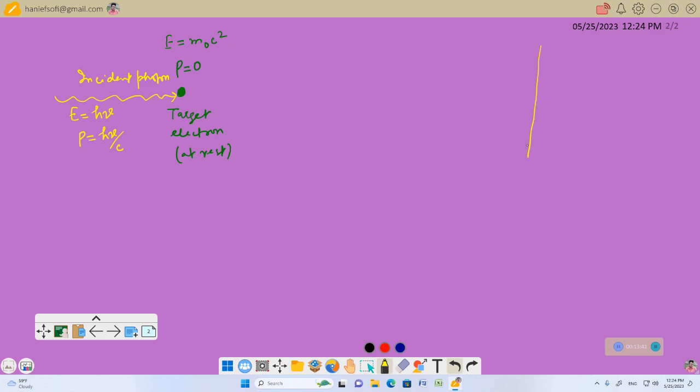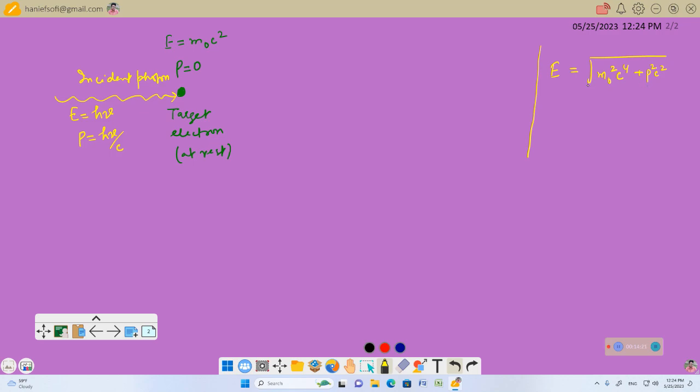Remember, we have a relativistic expression for total energy equal to square root of m naught square c raised to power 4 plus p square c square. This is the relativistic energy for a material particle which has rest mass. m naught is its rest mass, p is its linear momentum, c is speed of light.